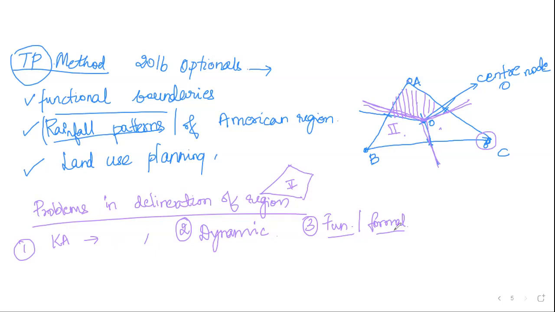If I'm talking about administrative boundaries of Kottayam, that is a formal region. But if I'm talking about the administration of a district as a function, that can also be talked of as a functional region. So the definition is overlapping, the character of region is overlapping, and that makes it even more difficult to delineate it properly. That's the third important problem.